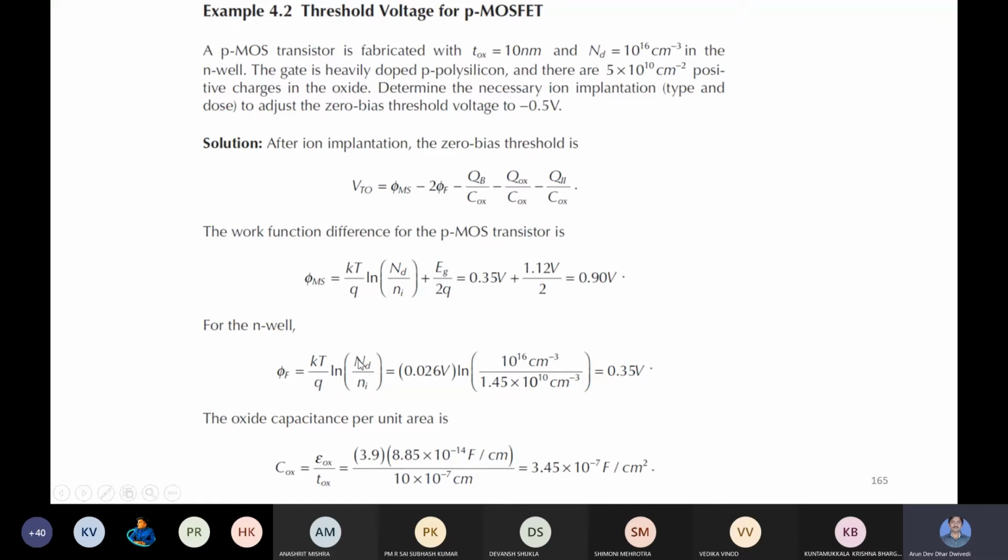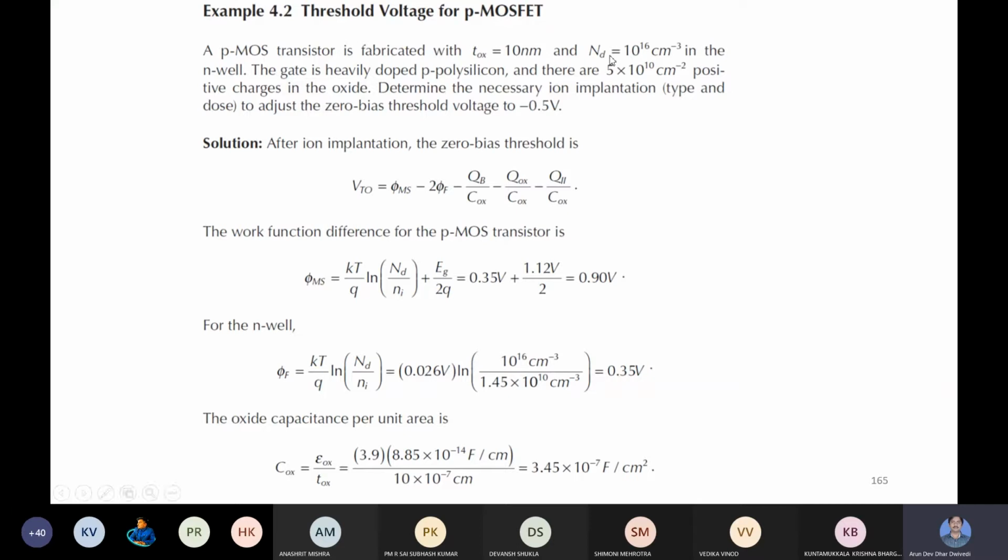So phi f is for this p type MOSFET. The substrate is n type silicon, because in this case it is created in the well instead of the substrate. Even if you are taking a p type substrate, for CMOS creation in the p type substrate, NMOS can be fabricated directly. For fabricating PMOS, some n well is created.